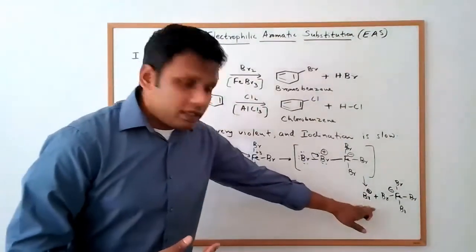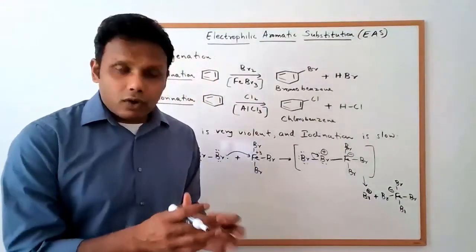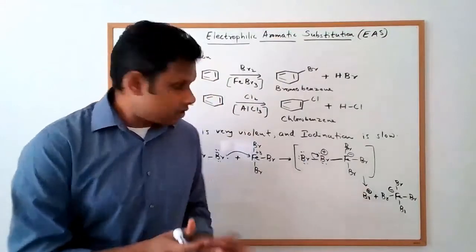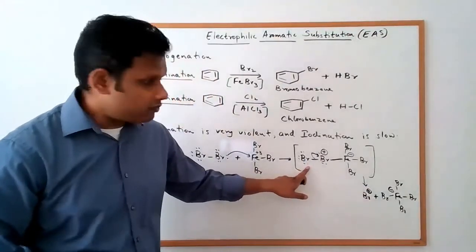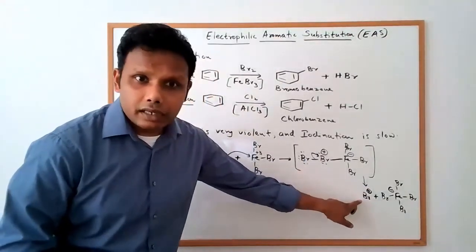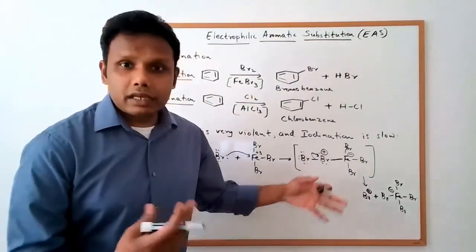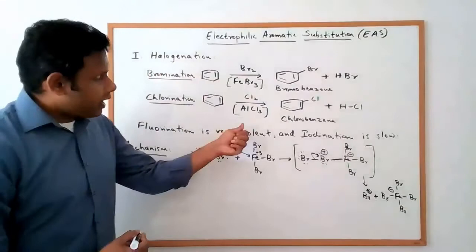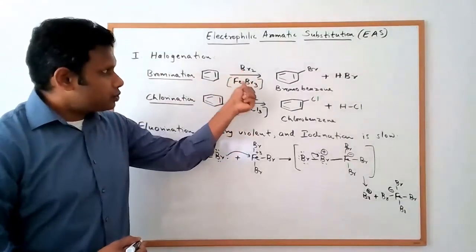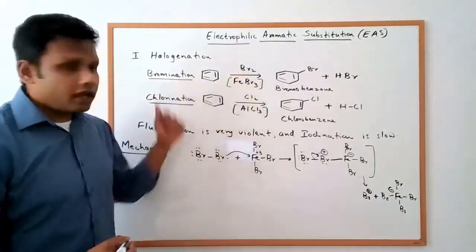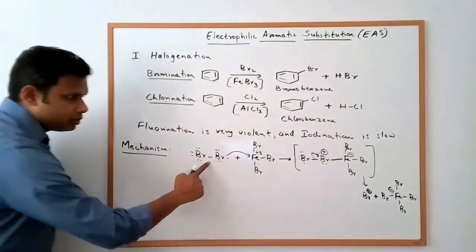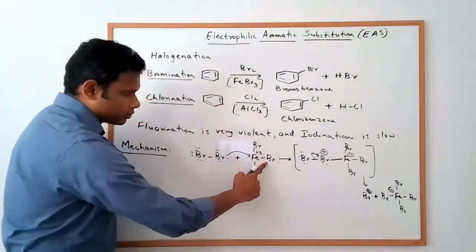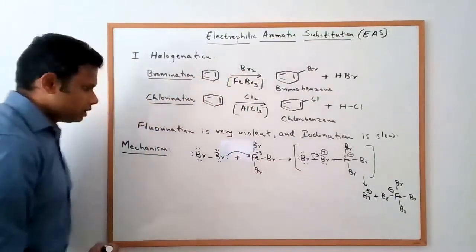Now, the bromine electrophile is not formed like an independent species, but this intermediate that we have can be read like this. It is a bromine that is electrophilic here. So essentially, when we have this combination of Br2 and FeBr3, and we have our aromatic compound, the bromine interacts with the FeBr3 to give us this intermediate.